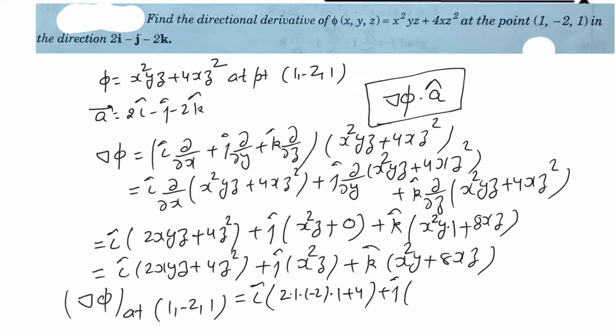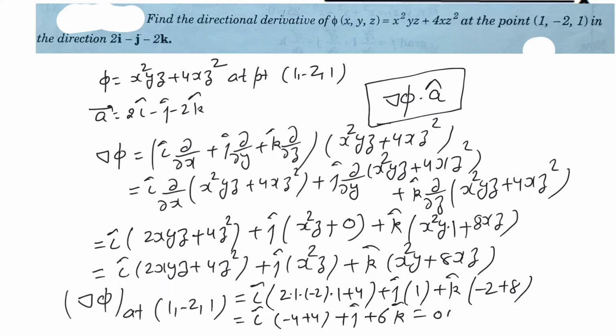J cap, 1 square is 1 and z is 1, plus k cap, it is -2, and it will be 8. So this will be i cap, it is -4 plus 4. Fine. Plus j cap plus 6 k cap, it is 0 i cap plus j cap plus 6 k cap.